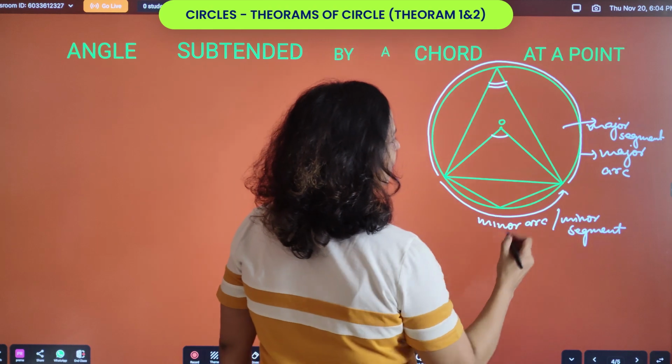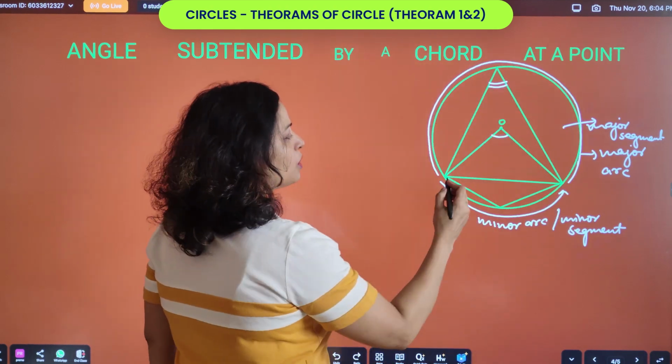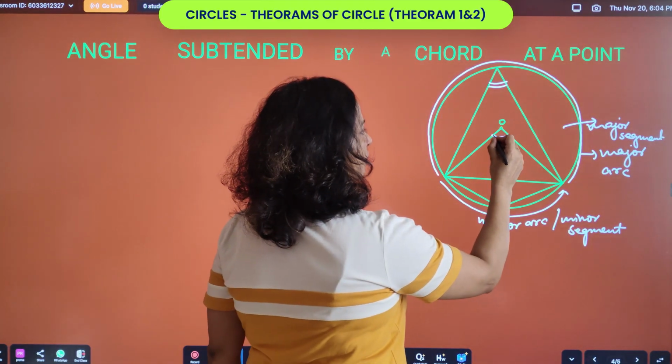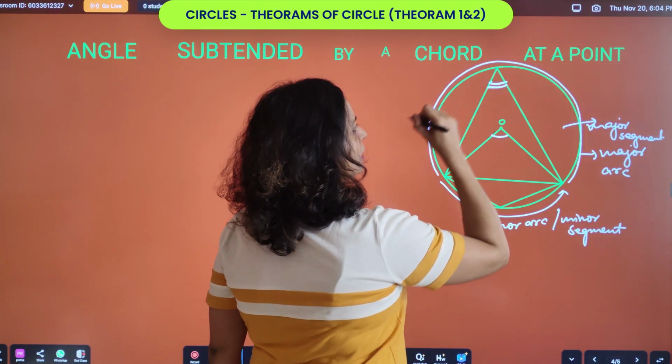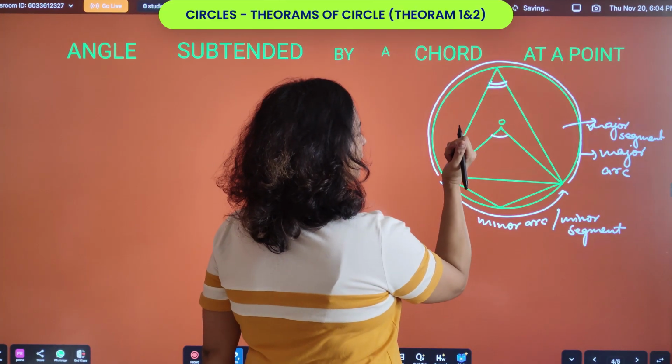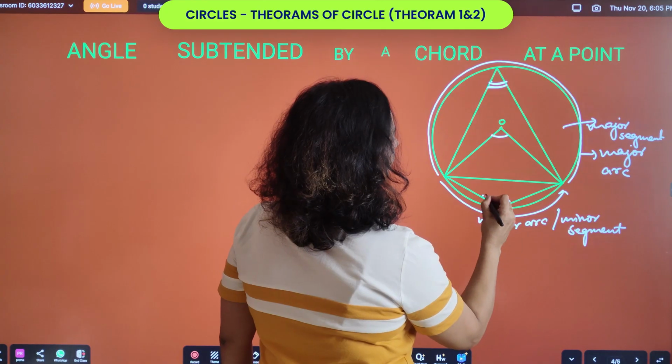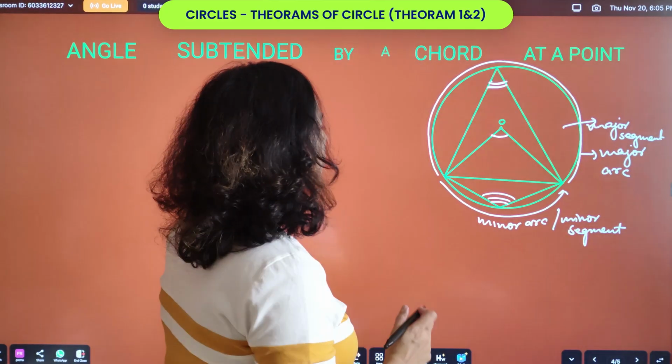So the chord subtends 3 angles. Here one angle is with the center, the second angle you see here is with the major segment, and the third angle you see here is in the minor segment. So there are 3 angles.